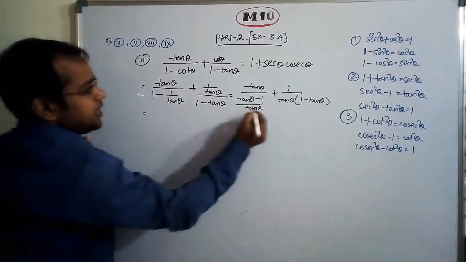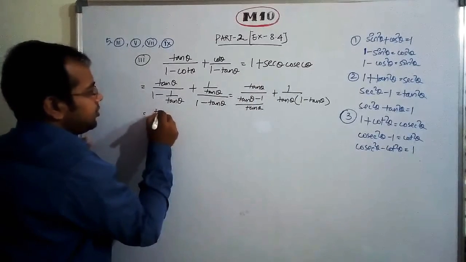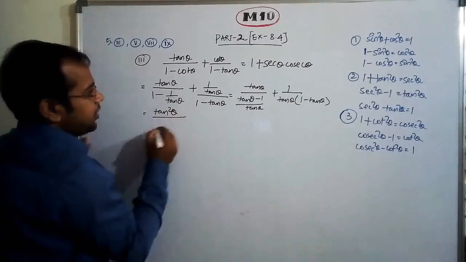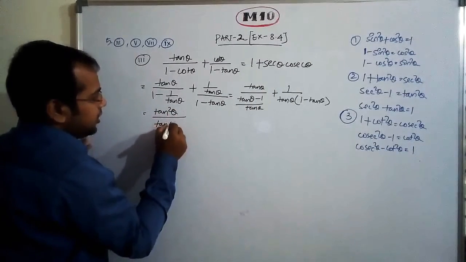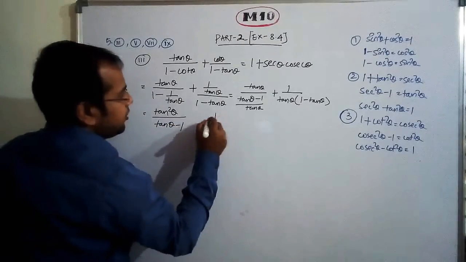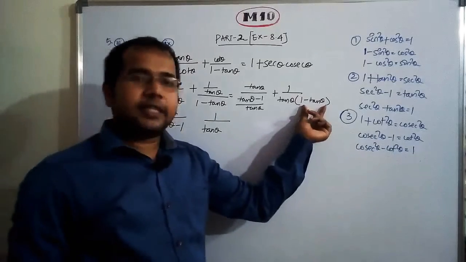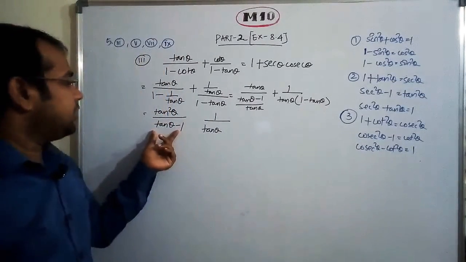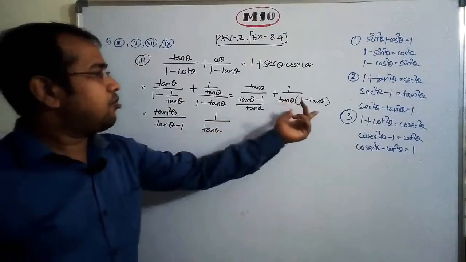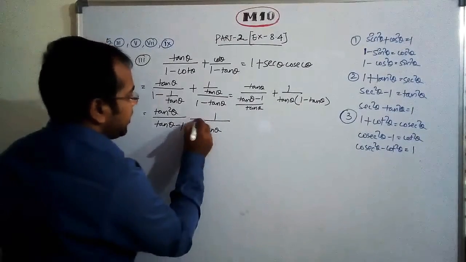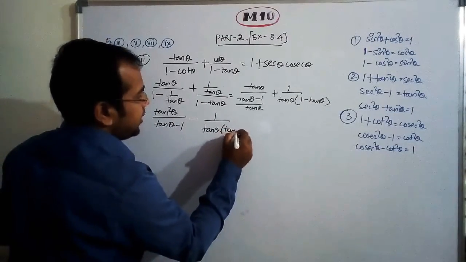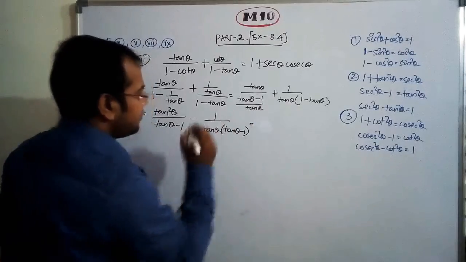Now this tan theta will be multiplied over here. So you are getting tan square theta divided by tan theta minus 1. Here you are getting 1 by tan theta. See, here you have 1 minus tan theta, but you have tan theta minus 1 here. If you take a minus common here, you are getting here minus and here tan theta minus 1.